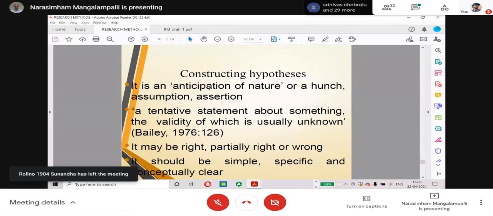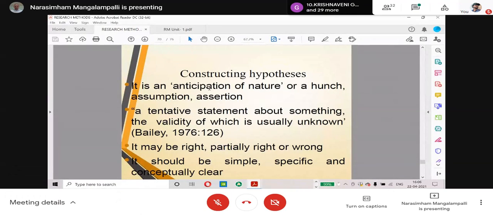So the fact is unknown. It may be right or partially right or wrong. It may be simple, or it may be specific, or conceptually clear, or maybe complex also.